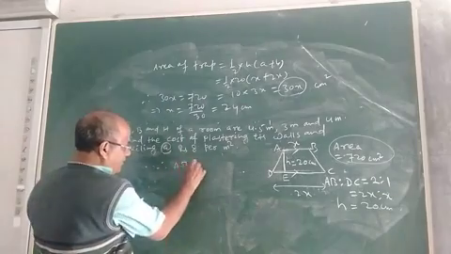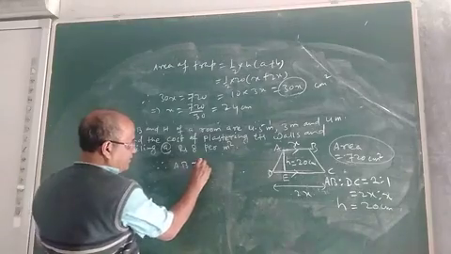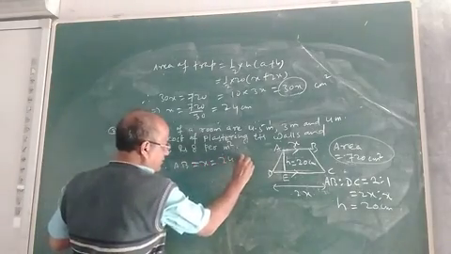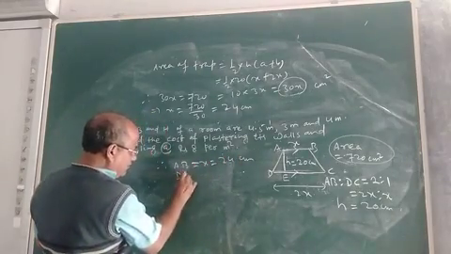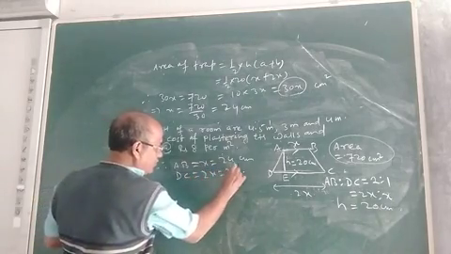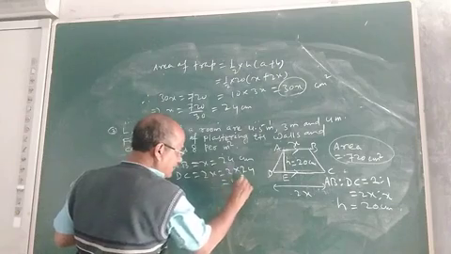Therefore, AB will be equal to x, that is 24 centimeter, and DC equal to 2x. It is 2 into 24, that is 48 centimeter.